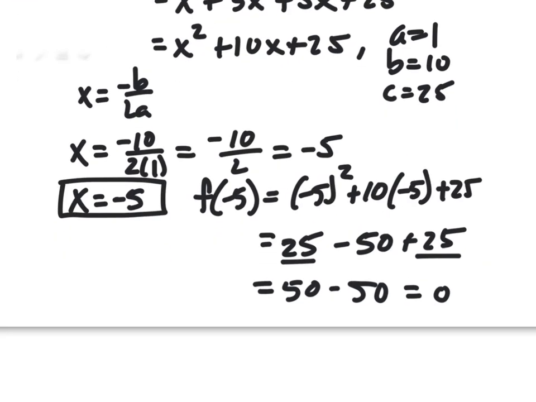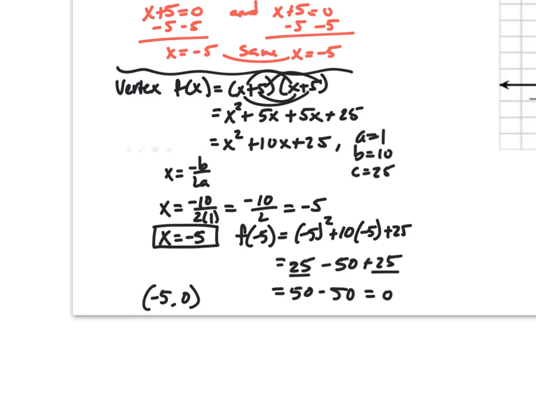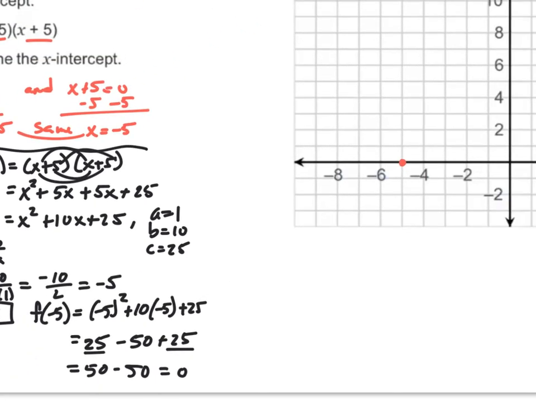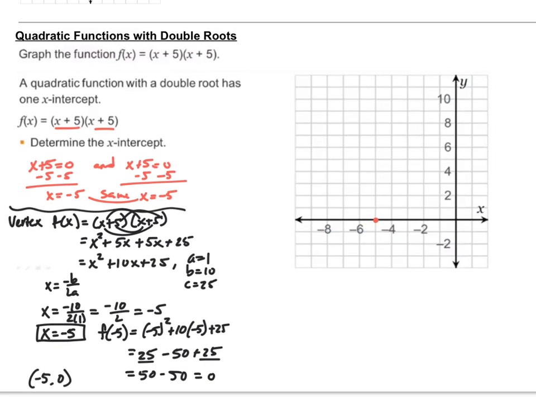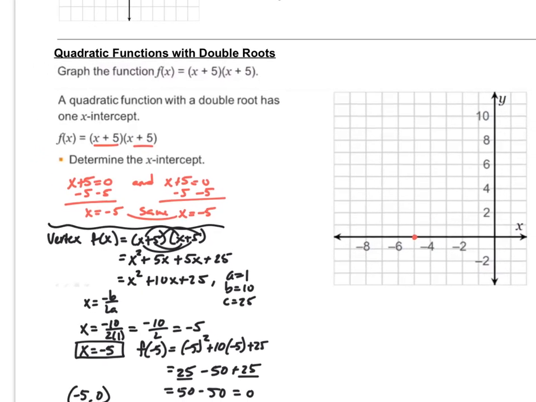So I get a y value of 0, so I get the point negative 5 comma 0. Wait a second. That's the same thing as my value here. That's the same value as my x-intercept. So my vertex is actually my x-intercept.